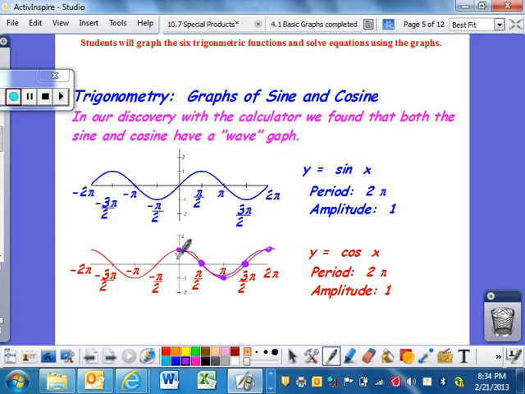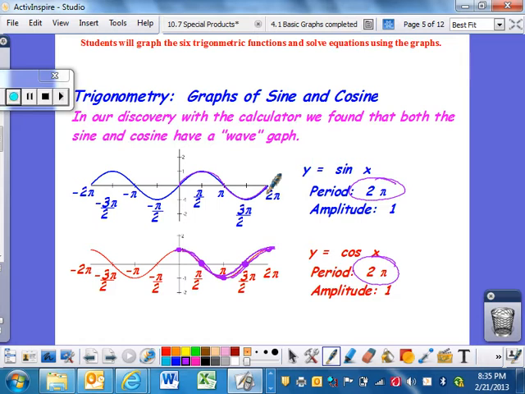So what do we need to take out of these graphs? We need to know that the normal period for both of these two significant trig functions is 2 pi, or 1 unit circle. One trip around the circle, we get every possible coordinate point that we can get. That's what period is, and then it starts to repeat itself.